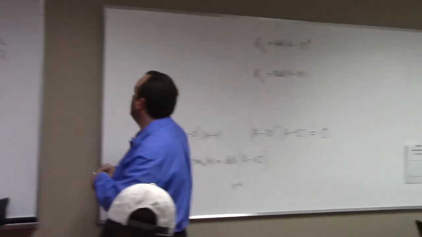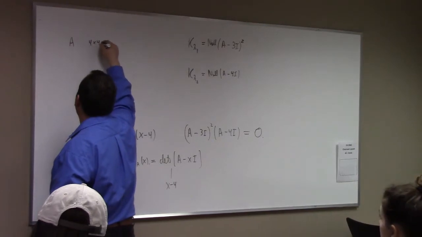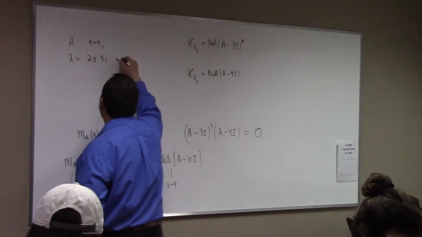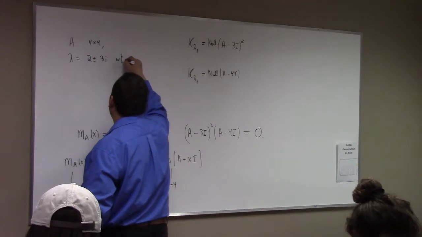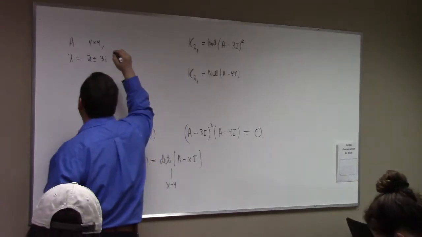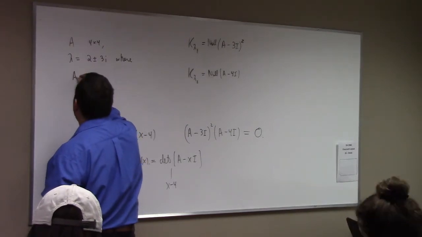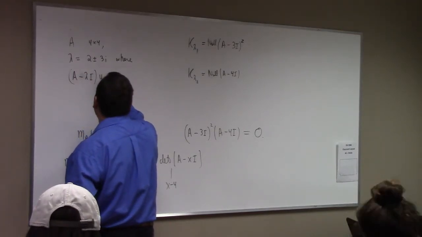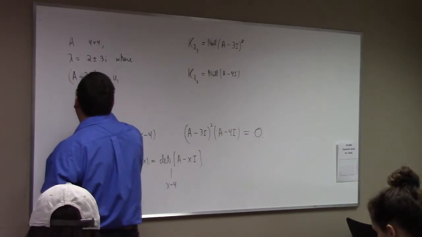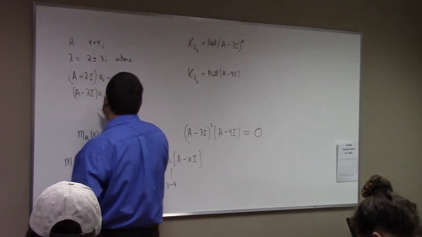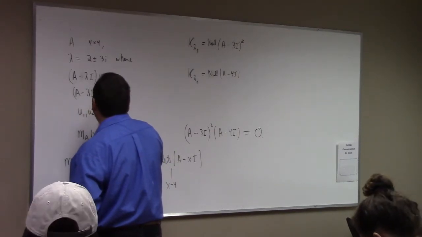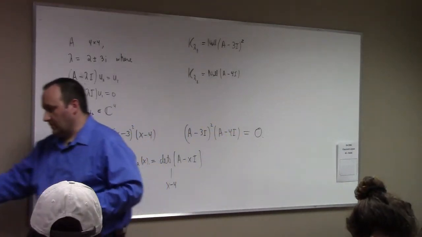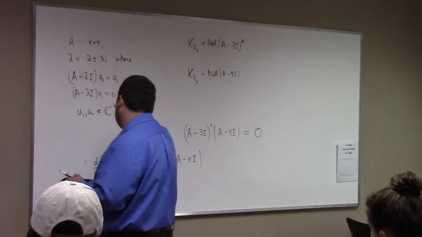Suppose I've got a matrix A, 4 by 4, with lambda equal to 2 plus or minus 3i, where we end up having (A minus lambda I) u2 equal to u1, and (A minus lambda I) u1 equal to 0, where u1 and u2 are complex 4-vectors. So I'm thinking here A is a real matrix.